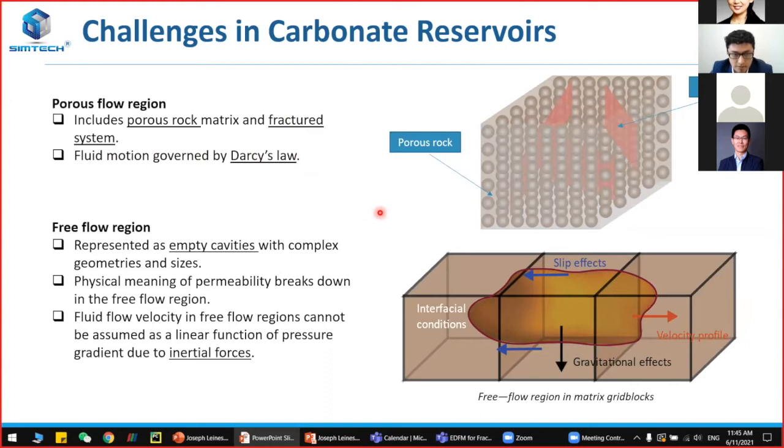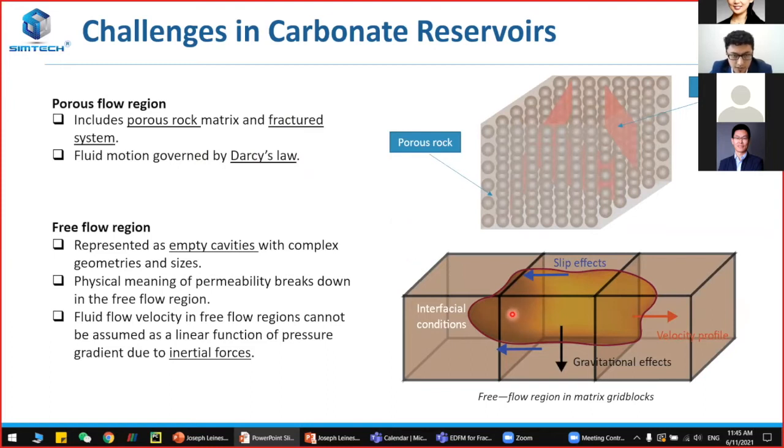But now let's talk about the free flow region per se. This region basically encompasses some empty cavities with complex geometries and sizes. Here we have some important physics going on, as I said: gravitational effects, a different velocity profile compared with the porous region, slip effects and interfacial conditions as well.